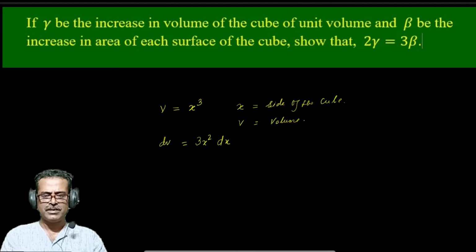Gamma be the increase in volume of the cube of unit volume. So dx is equal to gamma by 3, and beta be the increase in area.